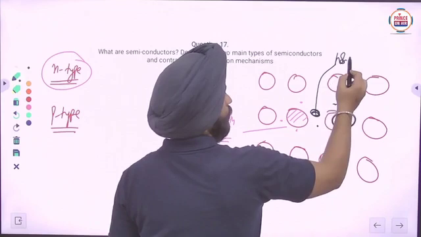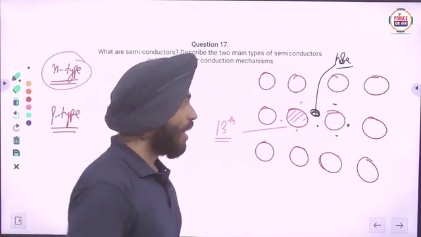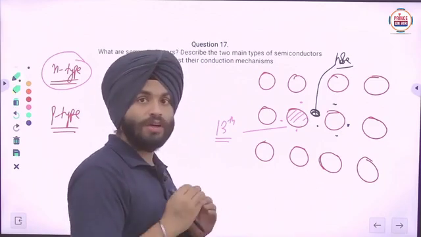So that hole is responsible for the conductivity. And how will it show the conductivity?